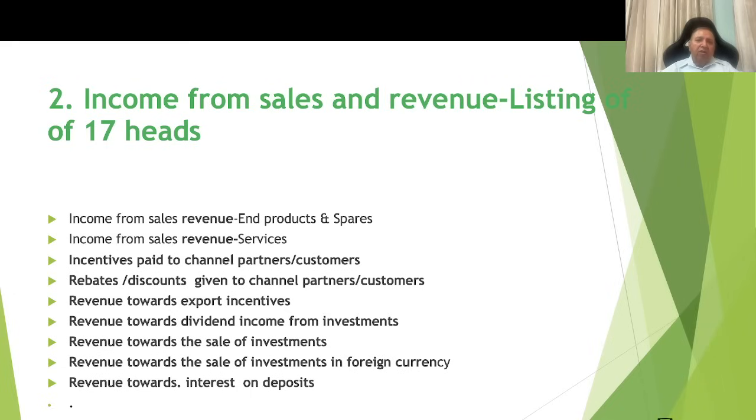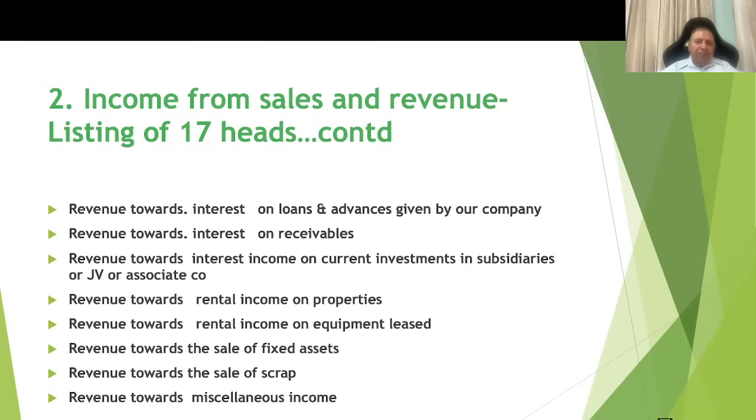Now these are the broad heads which are covered. These are income from sales revenue and products and spares, income from sales revenue services, incentive paid to channel partners and customers, rebate discounts given to channel partners and customers, revenue towards export incentives, revenue towards dividend income from investments, revenue towards sale of investments, revenue towards sale of investment in foreign currency, revenue towards interest for deposits, revenue towards interest on loan and advances given by our company, revenue towards interest on receivables, revenue towards interest income on current investments in subsidiaries or JVs or associate companies, revenue towards rental income on properties, revenue towards rental income on equipment leased, revenue towards the sale of fixed assets, revenue towards the sale of scrap, revenue towards the miscellaneous income.